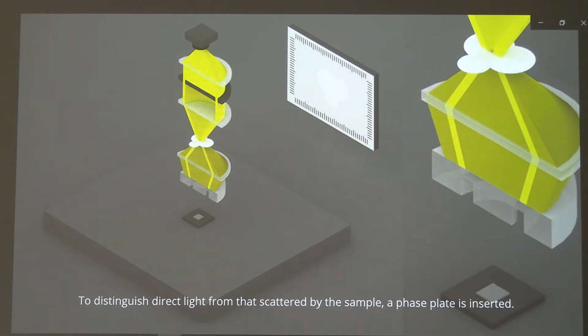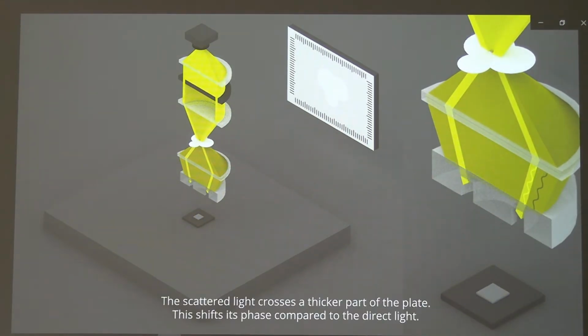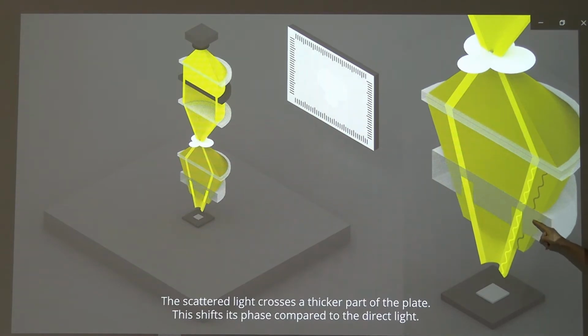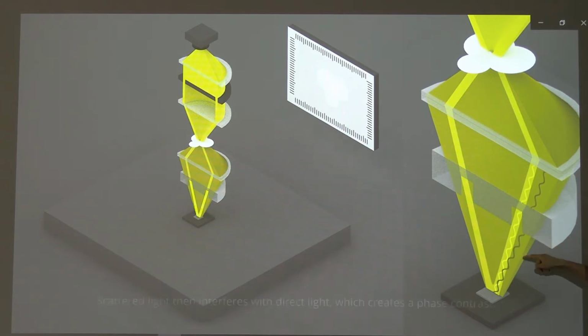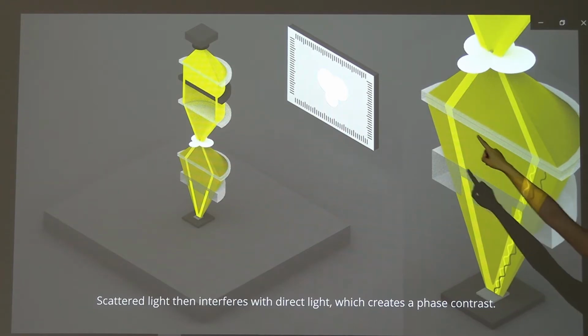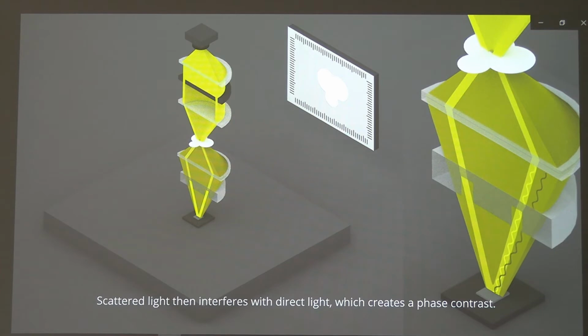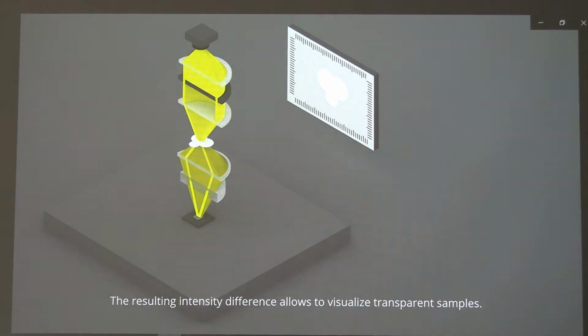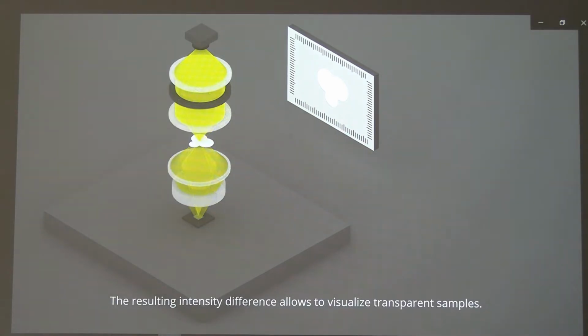Now they add this phase plate, and you can see the wavelength, the light is a little bit retarded by this material, and they try to have this interference of the two lights, and the image of the specimen is increased, the contrast is increased.